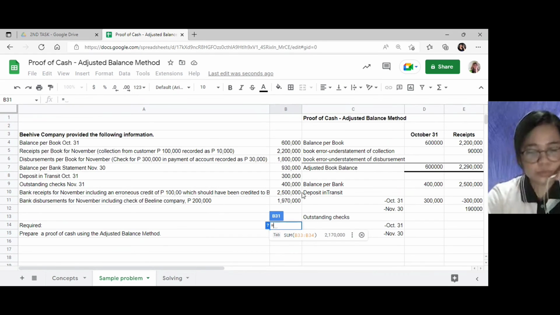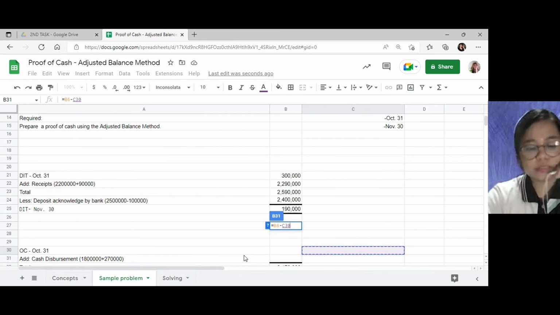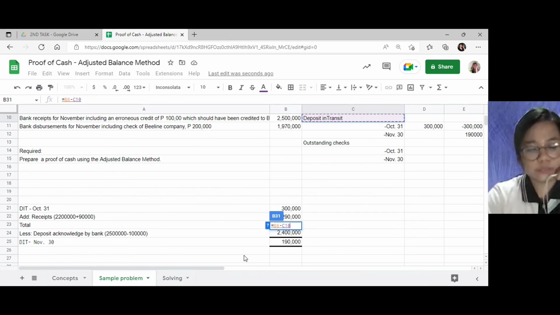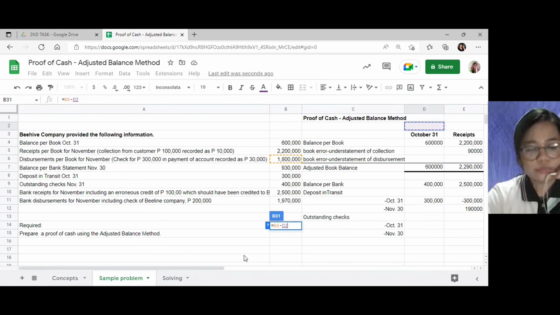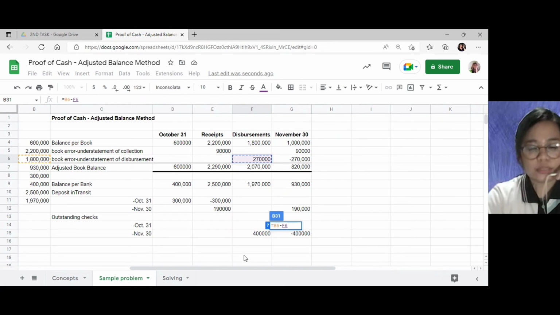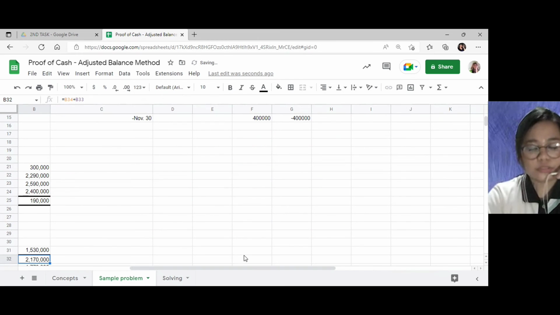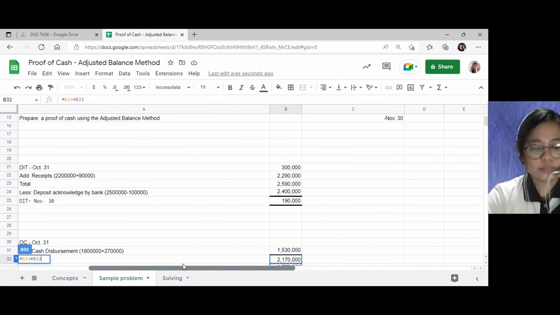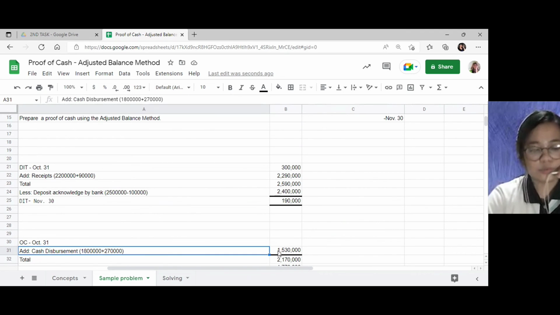So para makuha natin yung beginning balance, i-deduct lang natin yung kanina na cash disbursement galing sa entity. So with that, 2,170,000 minus the 2,070,000, makukuha natin yung outstanding check natin na 100,000. So this is our outstanding check as of October 31.